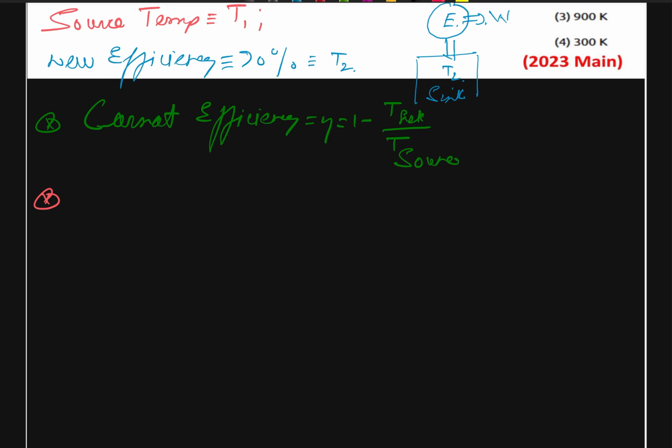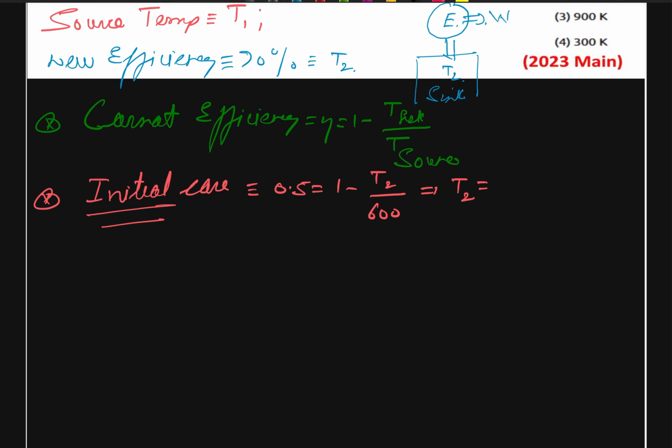First, our initial case, the efficiency was given as 50%, which is 0.5, equals 1 minus temperature of the sink, which is T2, over temperature of source, which is 600. Therefore, we get temperature of sink T2 will be equal to 300 Kelvin.